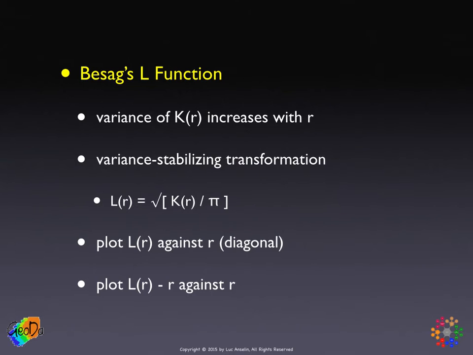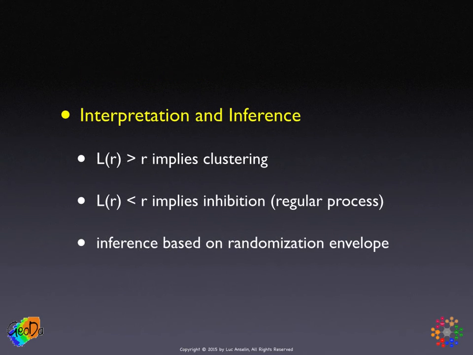And so the L function is the same thing as the K function, the same edge corrections, the same everything, except that we have rescaled it and recalibrated against the distance. The interpretation should be the same as before.